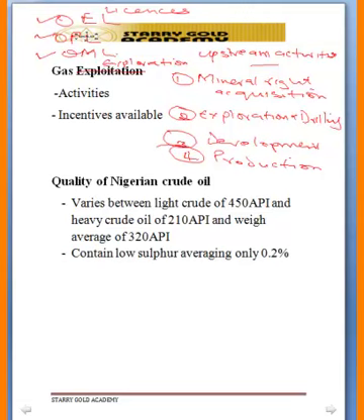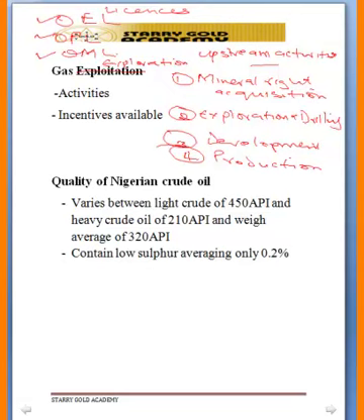For gas exploration, we are looking at the separation of gas from the reservoir into usable form, for utilization through pipeline or tanker. We all know what gas is. The gas we use, the domestic gas, is a byproduct of petroleum, crude oil.